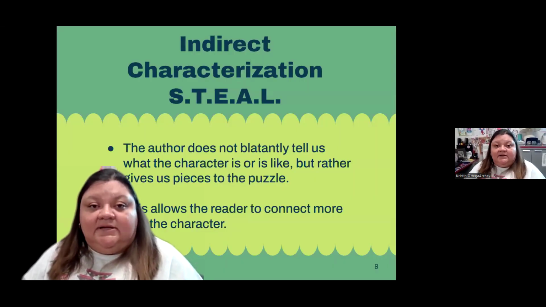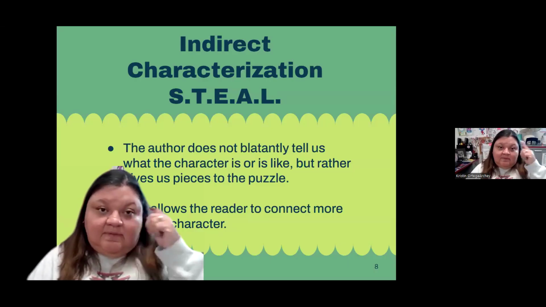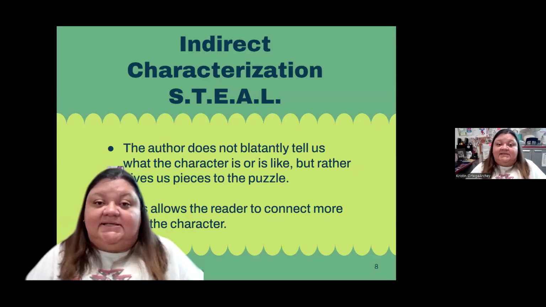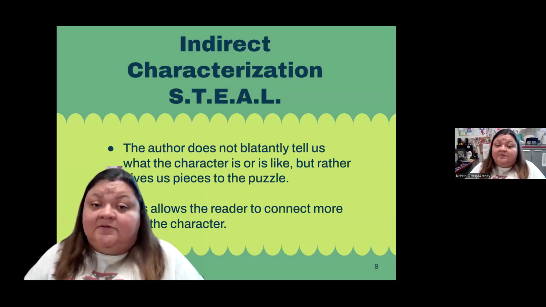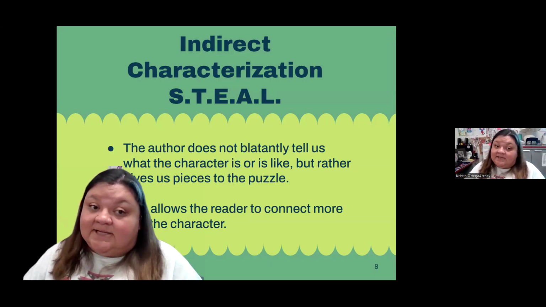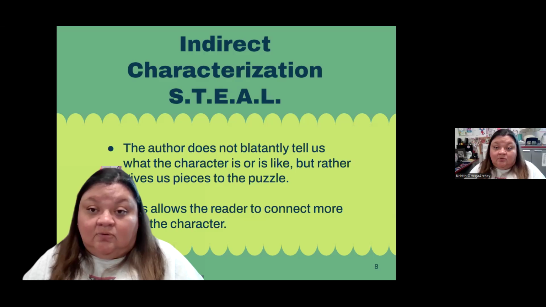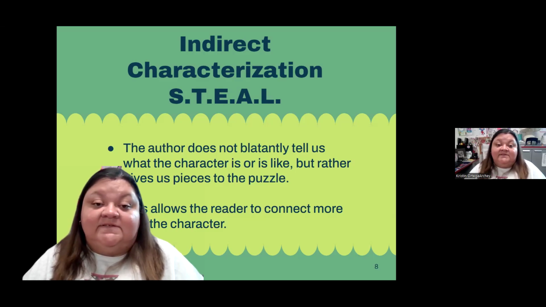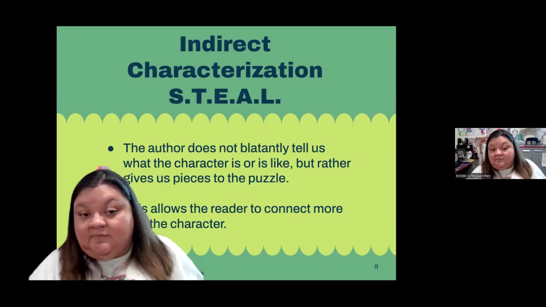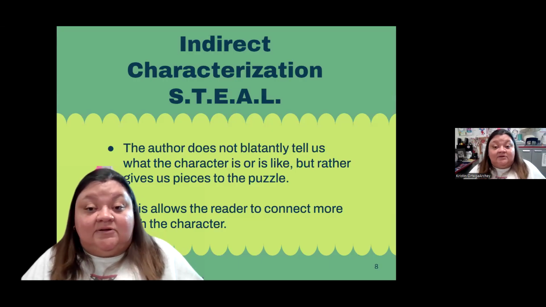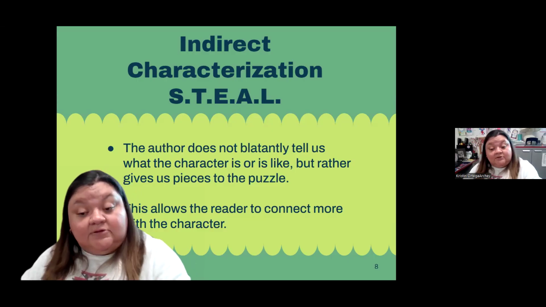Now with indirect characterization, I want you to keep in mind the acronym STEAL. Indirect characterization is when the author does not blatantly tell us what the character is like, but rather gives us pieces to a puzzle. You get a little bit of this and a little bit of that, and this allows the reader to connect more with the character.